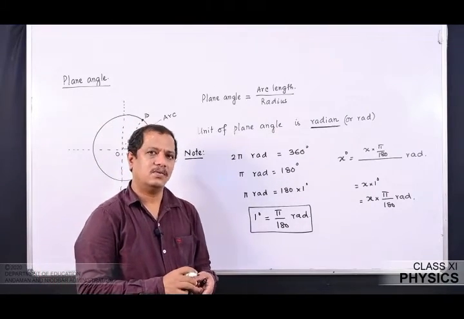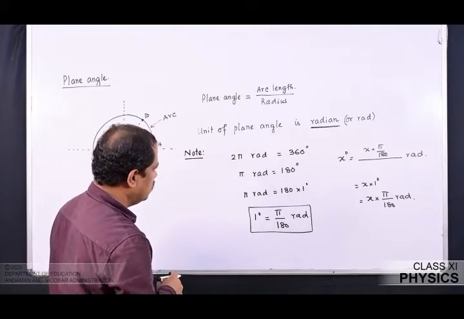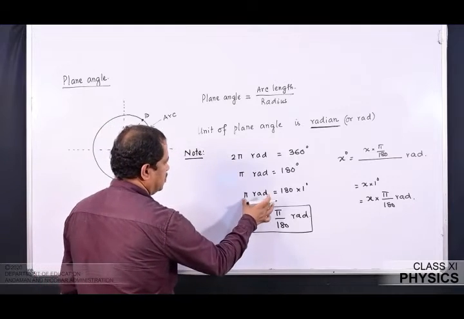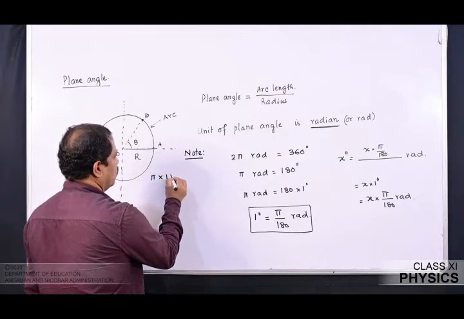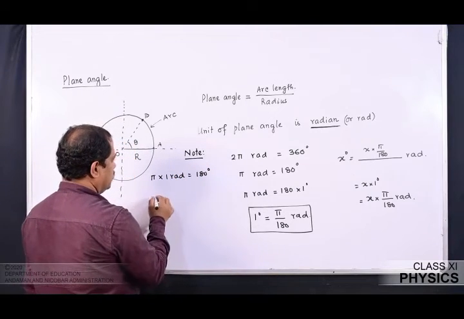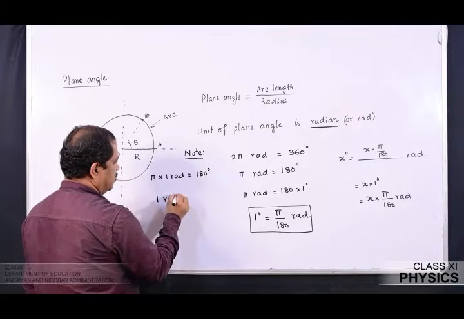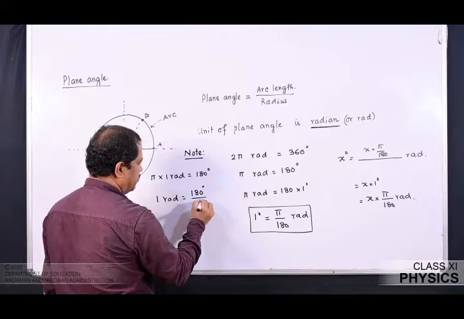But if you are asked to convert radian into degree, in that case what would you do? We can reverse this. See please, pi radian, so we can write pi into 1 radian is equal to 180 degree. Otherwise, I shall write 1 radian is equal to 180 degree over pi.